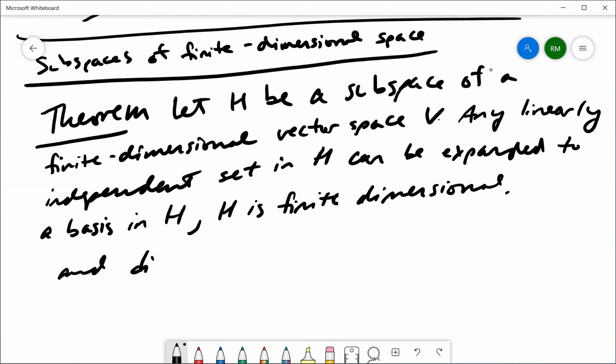And the dimension of H is always less than or equal to the dimension of V.